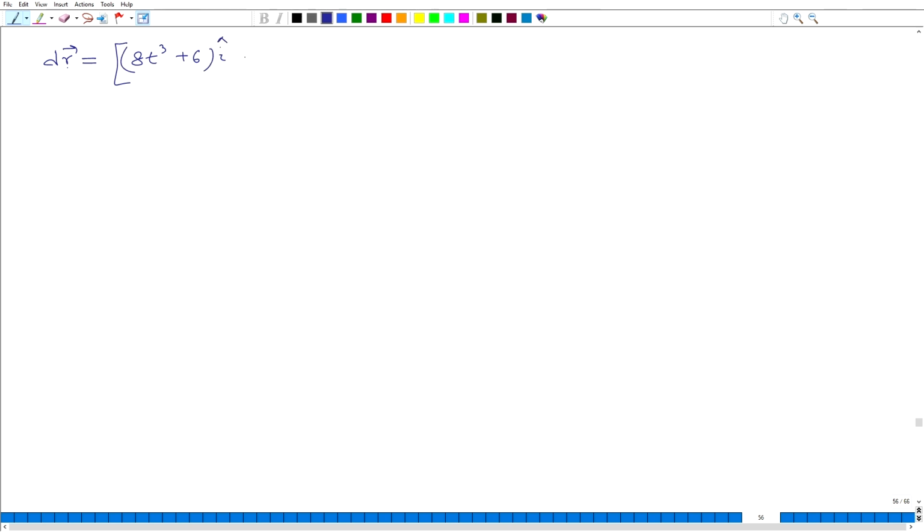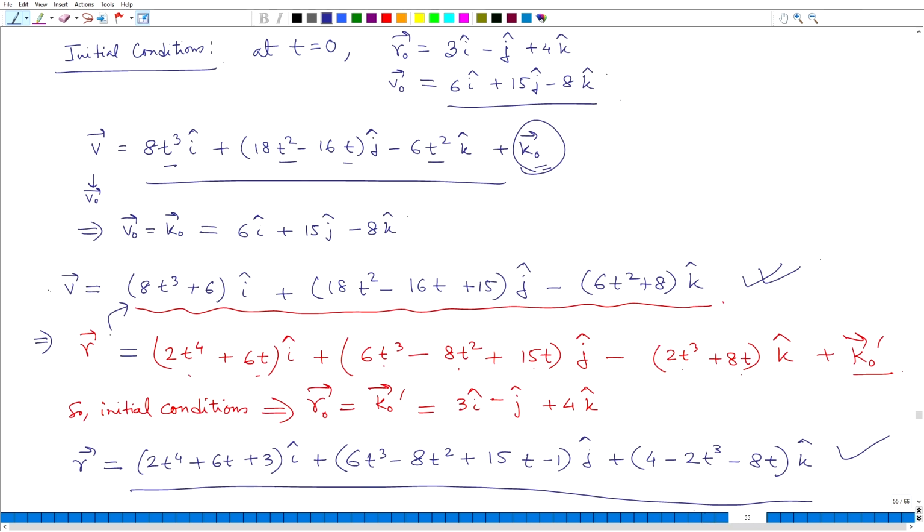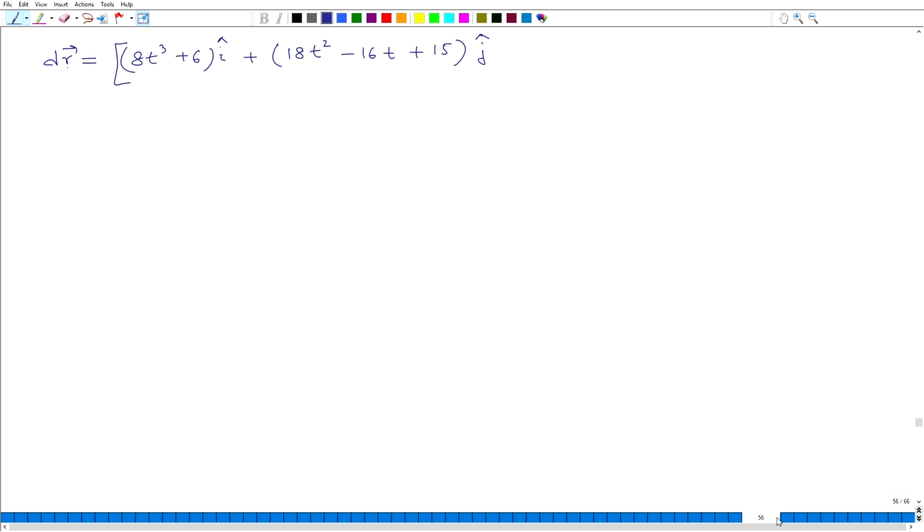I request all of you to do that independently and cross check. (18t² - 16t + 15)j cap. Let me just check one thing. Yes, yeah, maybe this is minus sign over here.